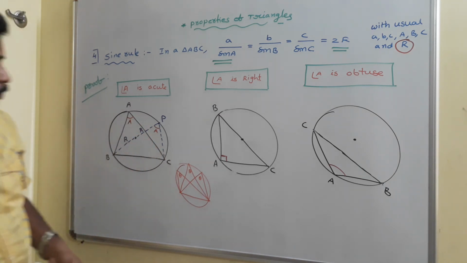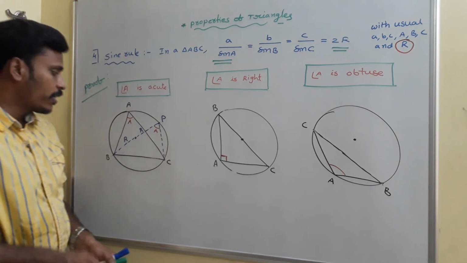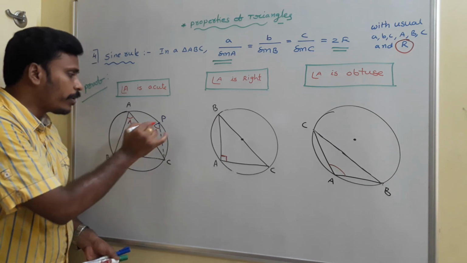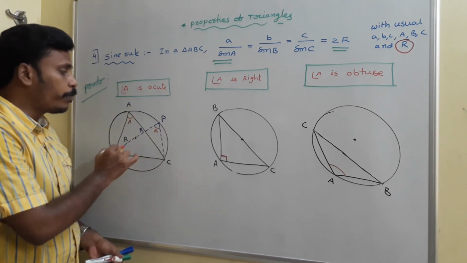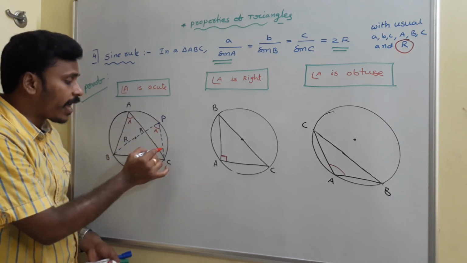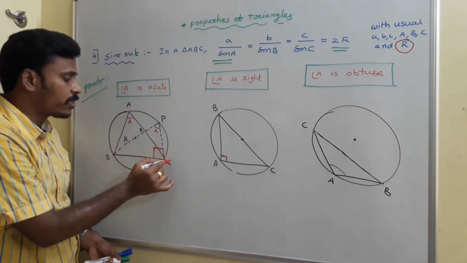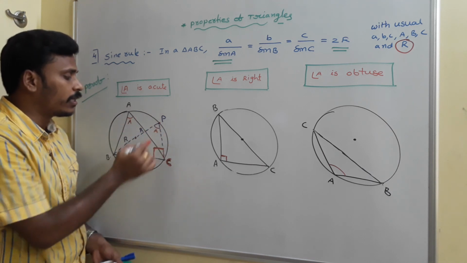That's one idea. And the next idea is, as I mentioned in the last class, since this is R and this is R and it is the center, this BP is the diameter of the circle. Since BP is the diameter of the circle, a diameter will make an angle of 90 degrees at the circumference. See, this C is a point on the circumference and this BP is a diameter.